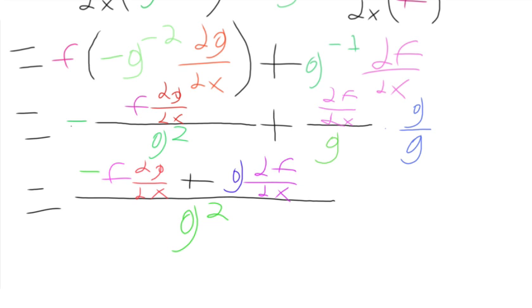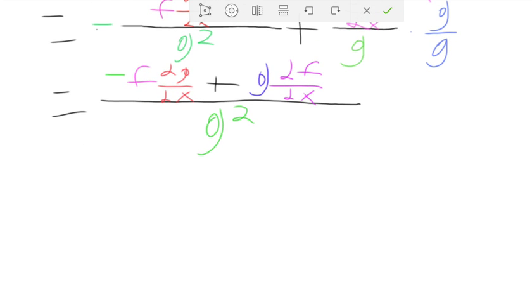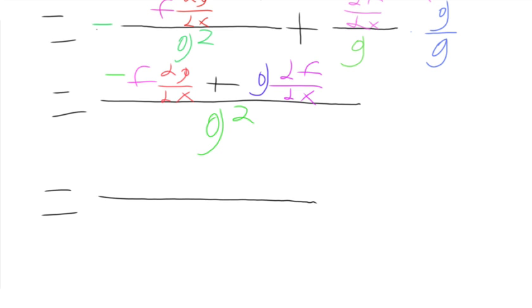And now to turn this into the quotient rule as it's usually written, all I'm going to do is switch the order of the terms in the numerator. So for our denominator, we'll still have our g squared. And in the numerator, I'm just going to switch the order, so I'm going to put this term first, so we'll have g times df/dx.